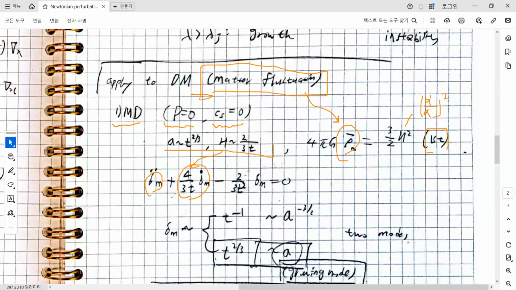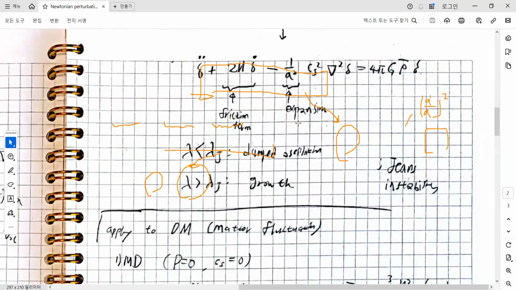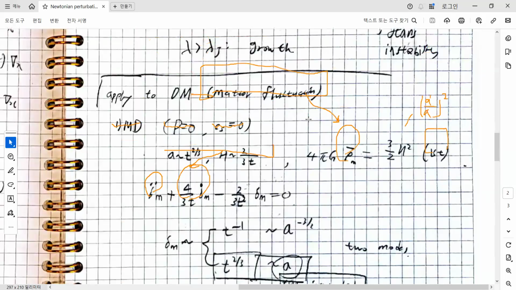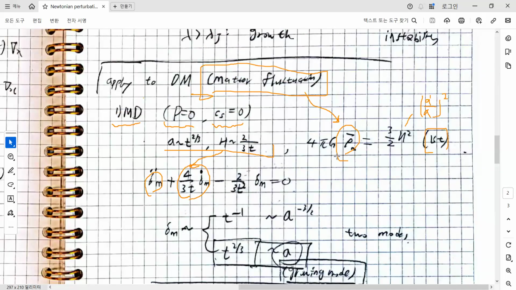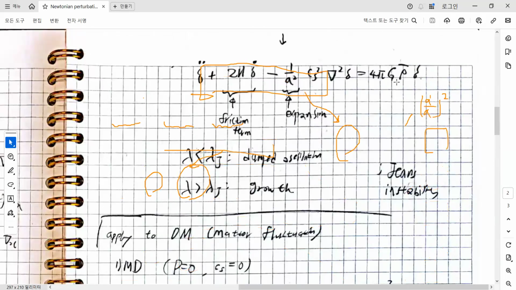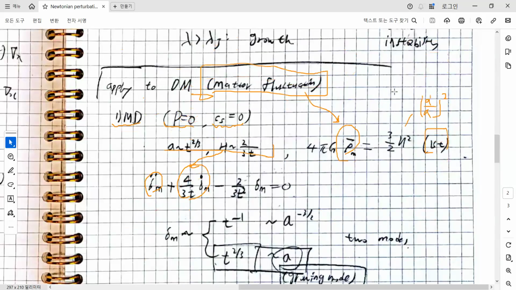Since c_s is equal to zero, the third term disappears, and on the right-hand side, the gravitational potential term, the gravitational contributions, can be replaced by the Hubble friction terms, which can be written as a function of time. So the remaining equation is the following.